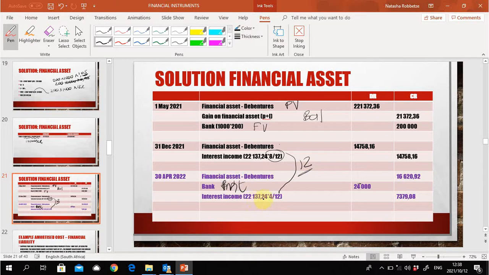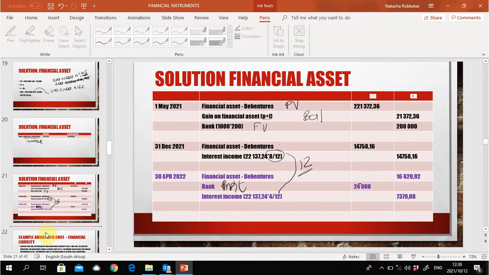So I adjusted the interest we calculated on the amortization table by 4 months, and I put it as interest income. So again, the balancing figure between the bank and the interest income is your financial assets, which is the debentures. So this is what the journals would look like if you are doing it from the perspective of the company who purchased this financial asset or these debentures.